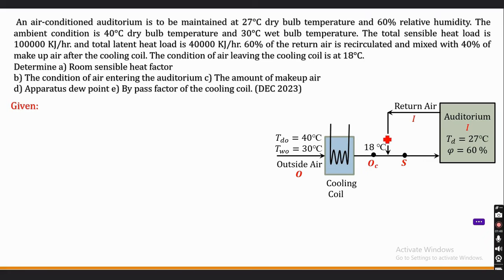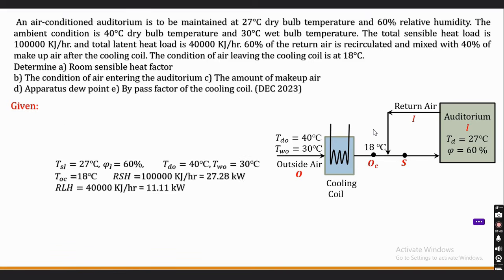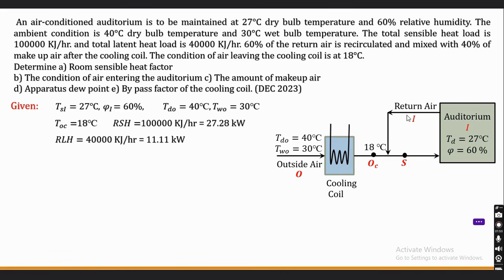Let us now note down the given data. I am indicating I for the condition which is to be maintained in the auditorium. So TDI, dry bulb temperature of inside condition, that is auditorium, is equal to 27 degrees Celsius and relative humidity is 60%.